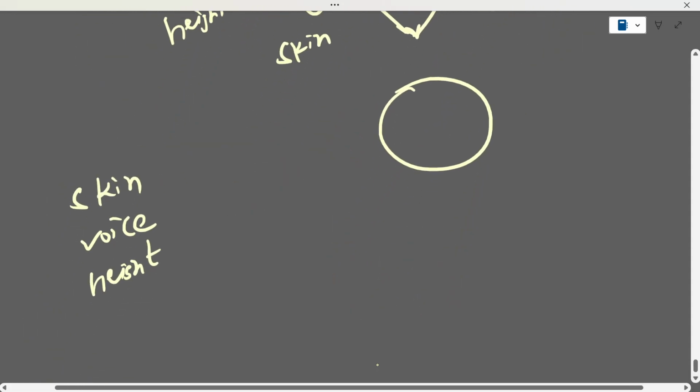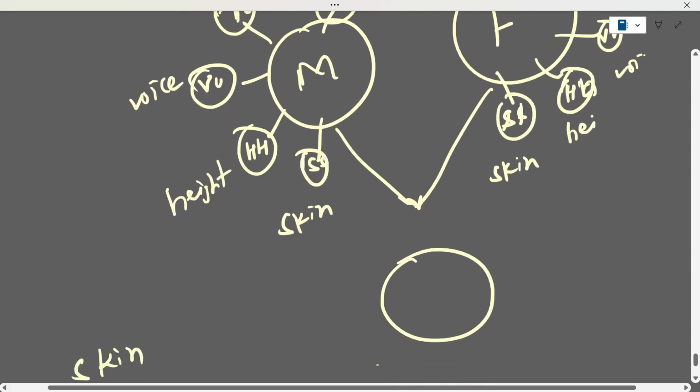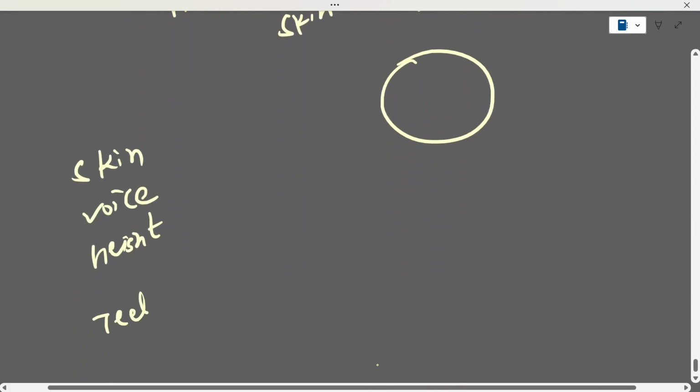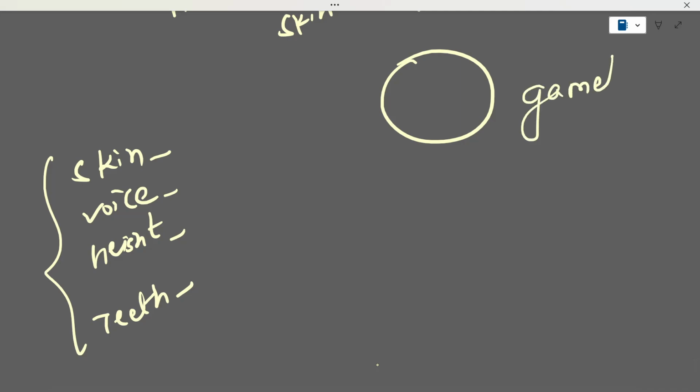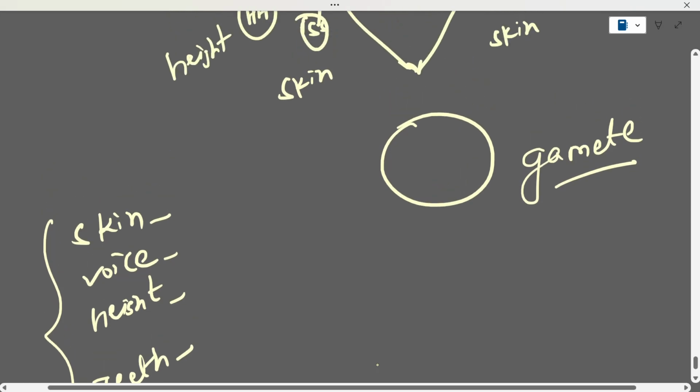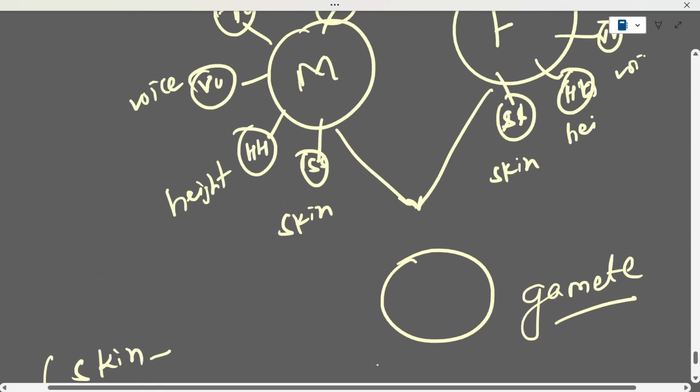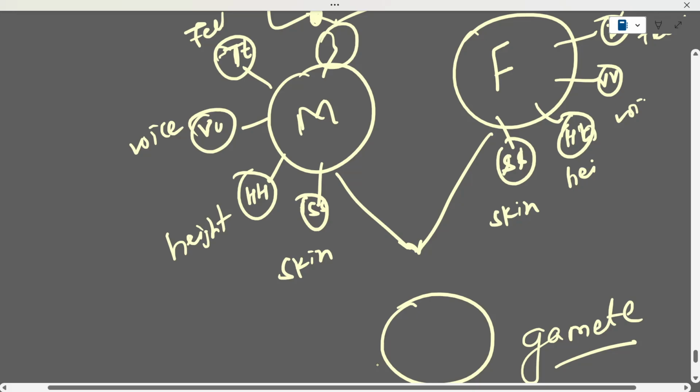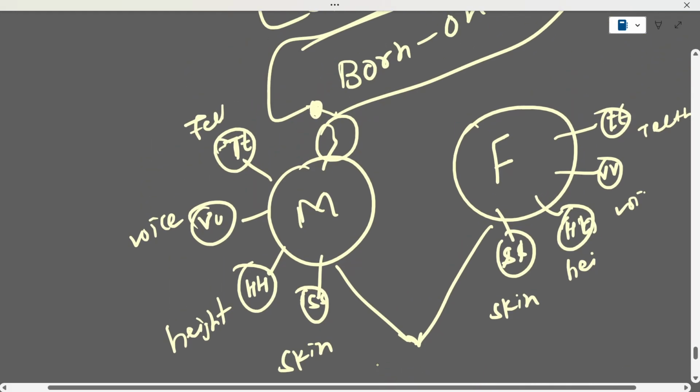Now the inheritance of all the characteristics in gametes is done by meiosis. So here the possibilities are many.